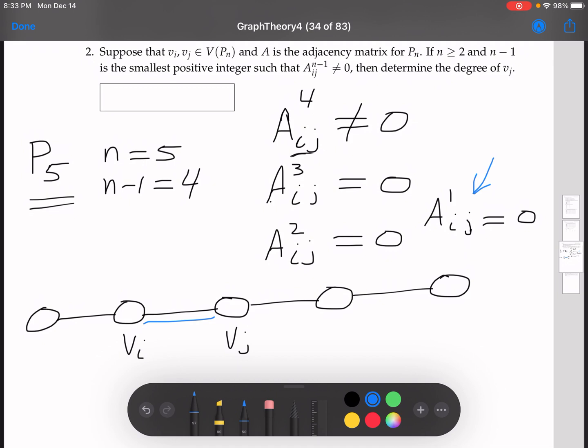Okay? So is it possible now for this to be vj? And the answer again is no, because then that would be a 2-edge walk from vi to vj, and that number would not be 0.